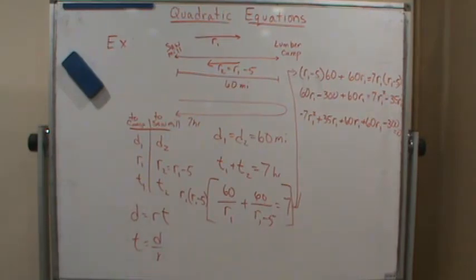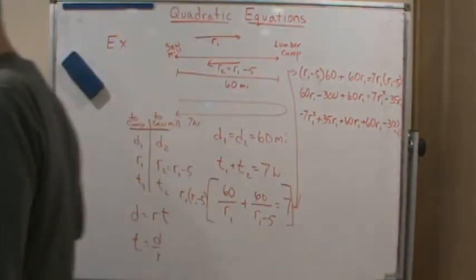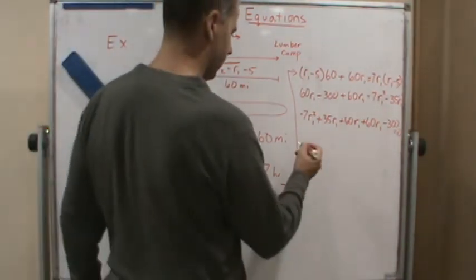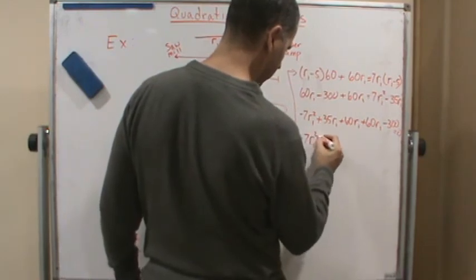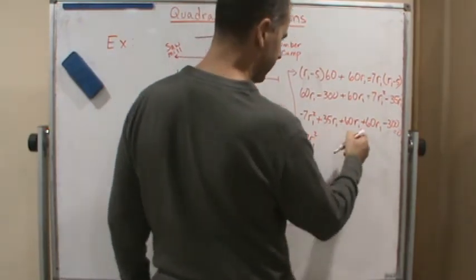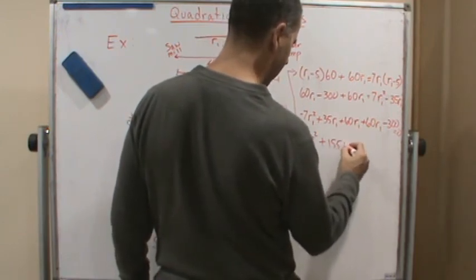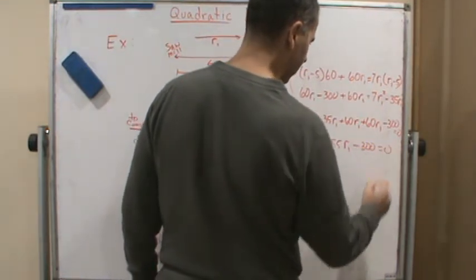So far so good, right? And so now I'm going to add like terms, combine like terms. Right, okay, good. So now I get negative 7R1 squared plus 155R1 minus 300 equals 0.